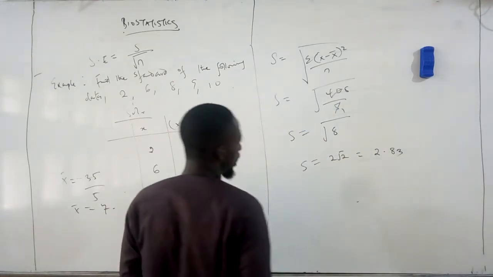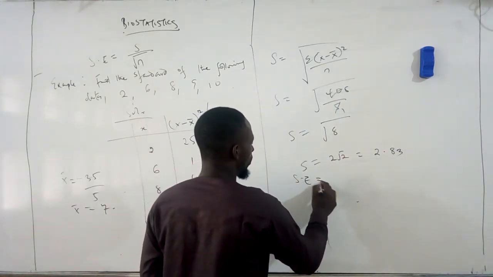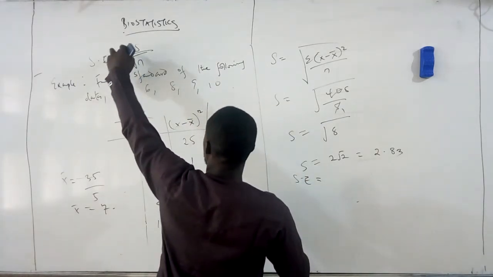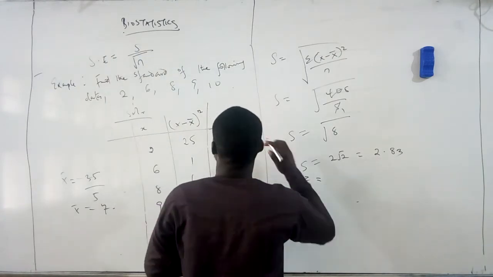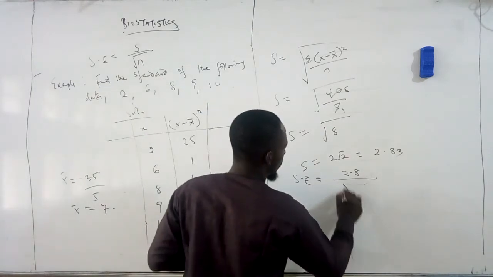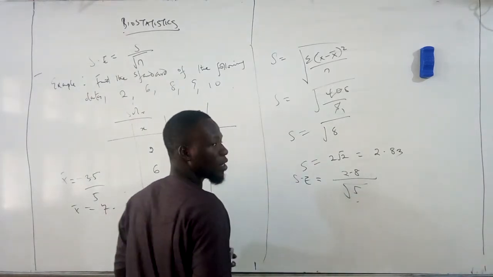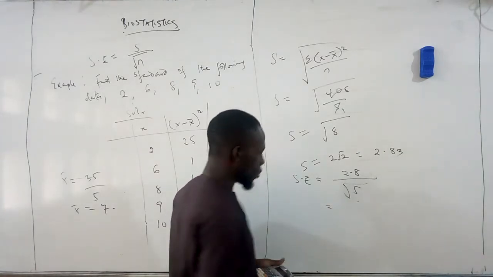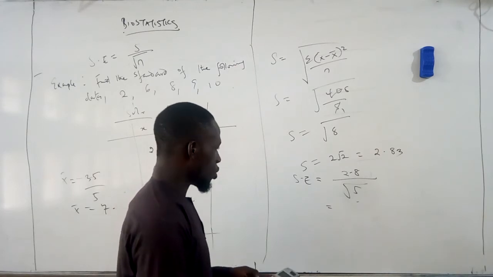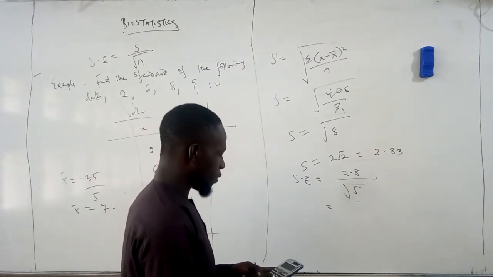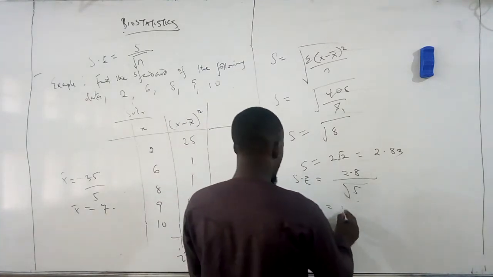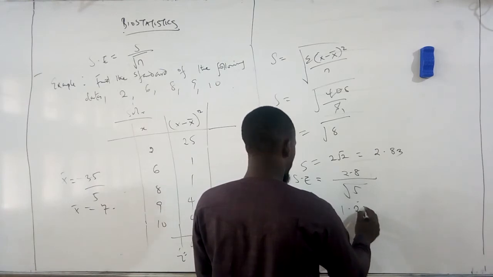Now we can find our standard error. Remember, our standard error equals the standard deviation divided by the root of n. So 2.8 divided by the root of n, which is the root of 5, the number of observations. So this is going to be 1.25.